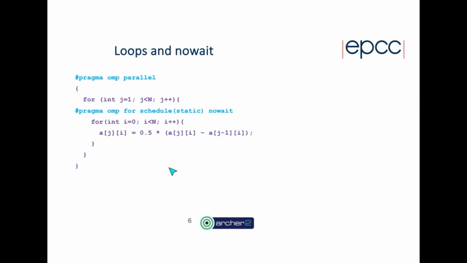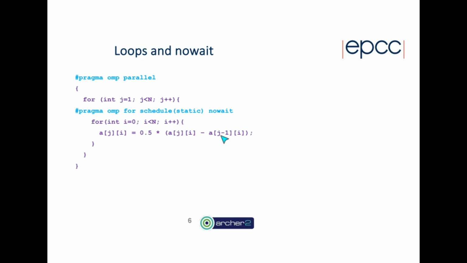There's a slightly more interesting use case for this, which is, suppose I have a loop nest where the outer loop has some dependency. In this case, I've got a J loop enclosing an I loop. The I loop is parallel, but the J loop is not, because of this dependency on J minus 1.